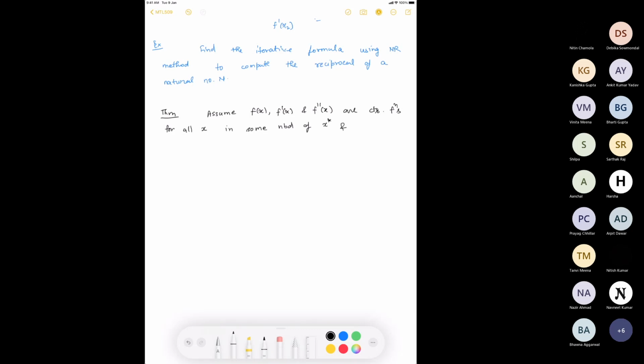And of course, x star is the root, so I have that f at x star is equal to 0. And also what I need is that f prime should not vanish at x star.